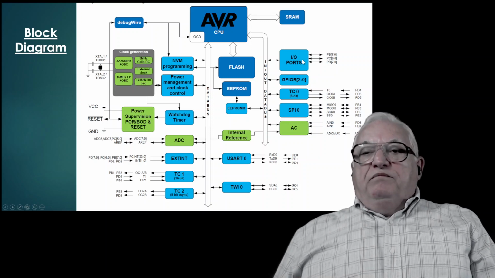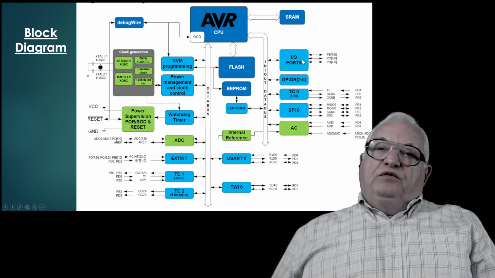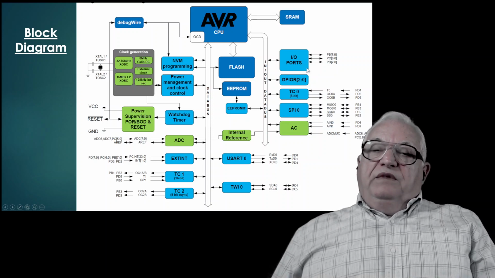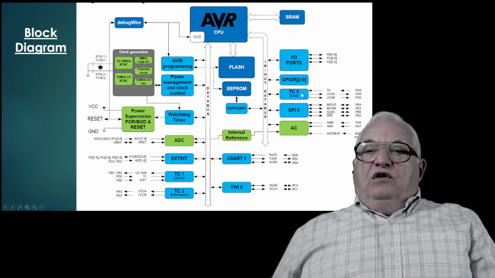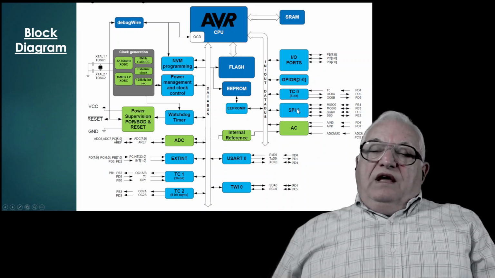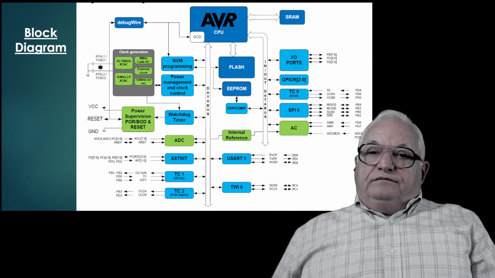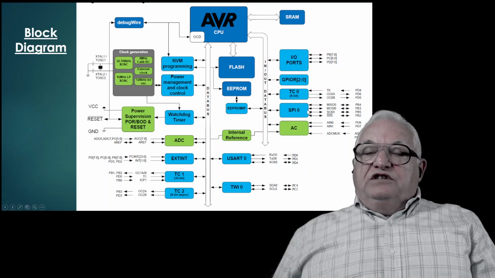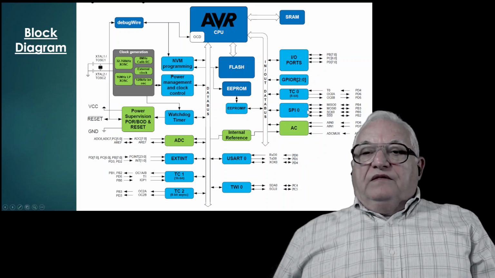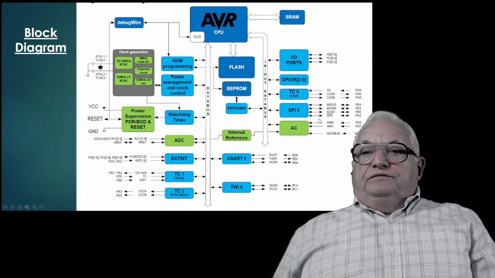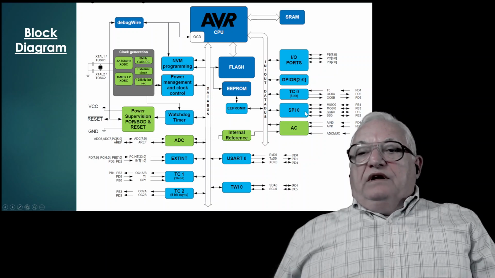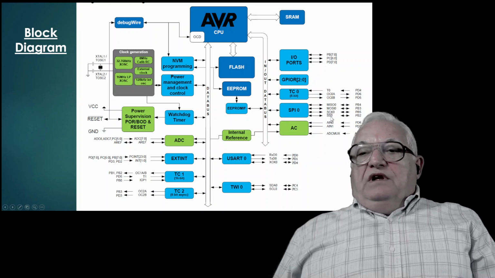You have your internal output ports. We've talked about this. Your other clock, your SPI serial communication. So for example, in your SPI you have your MISO, your MOSI, and your chip select.